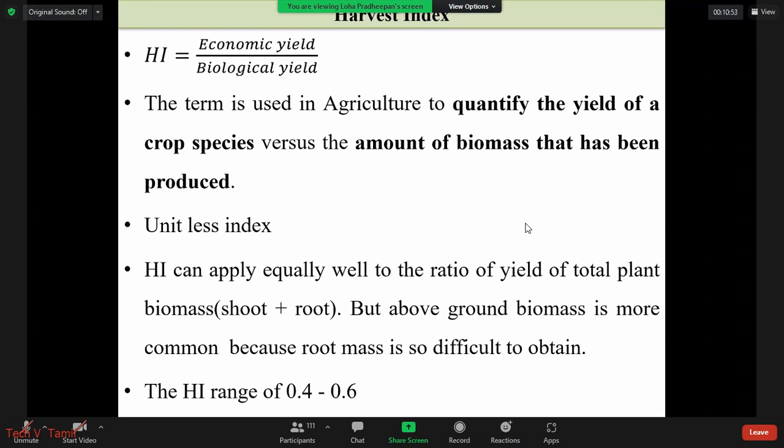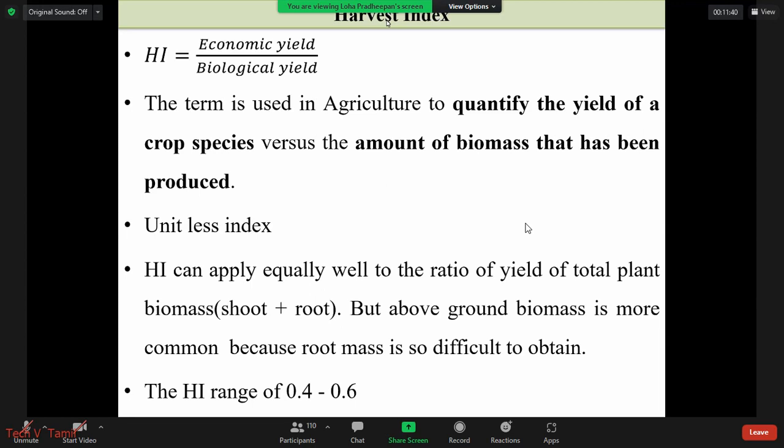So if we calculate the harvest index of a particular crop, the value may be 1, above 1, or below 1, lower than 1.